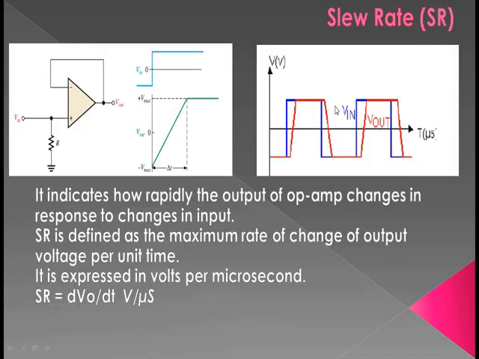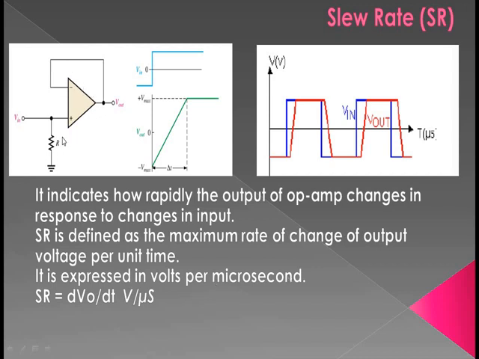Next is slew rate. Slew rate indicates how rapidly the output of the op-amp changes with the change in the input. It is defined as the maximum change in output voltage per unit time, dV0 divided by dt. It is expressed in per microsecond.